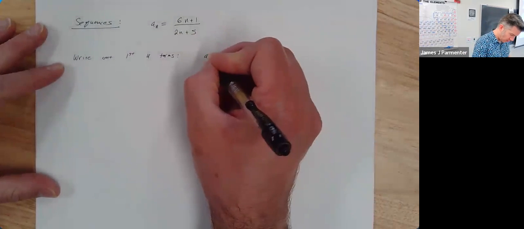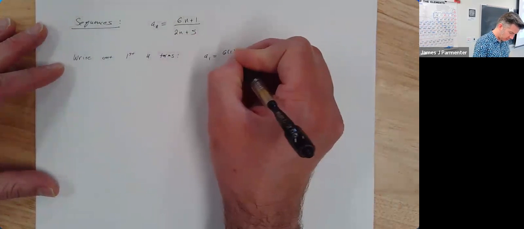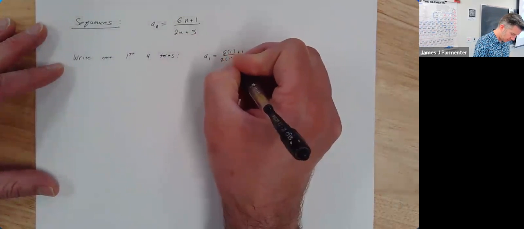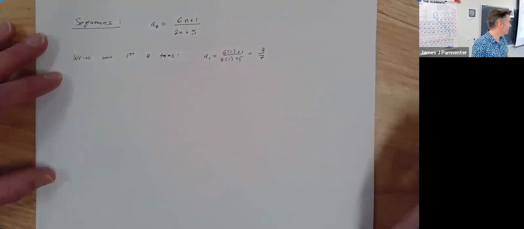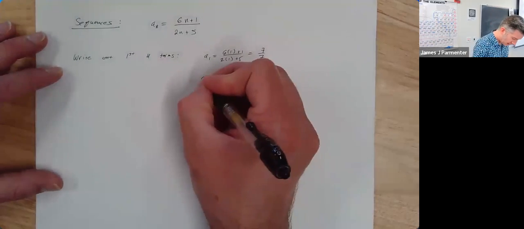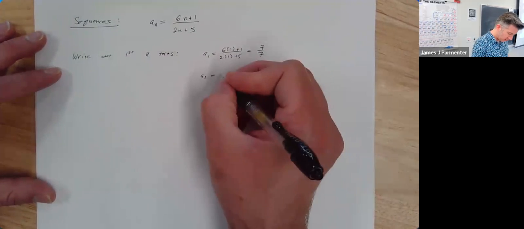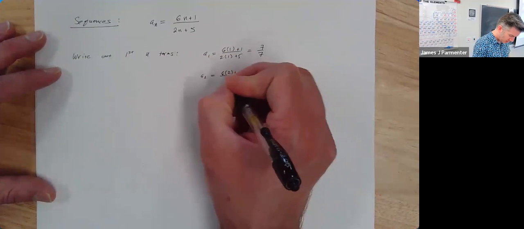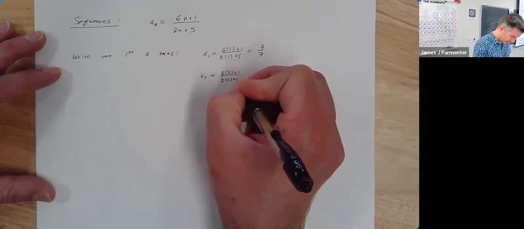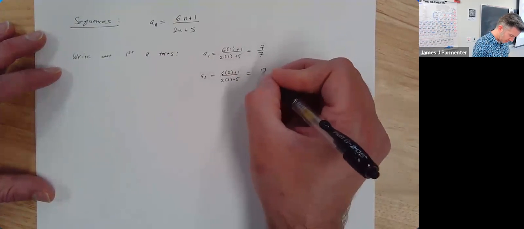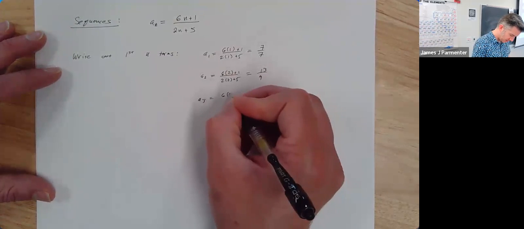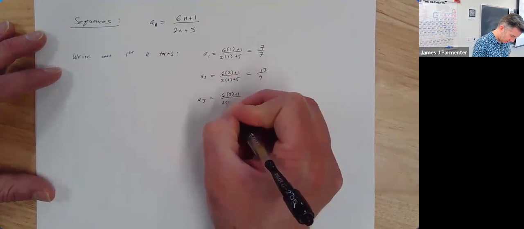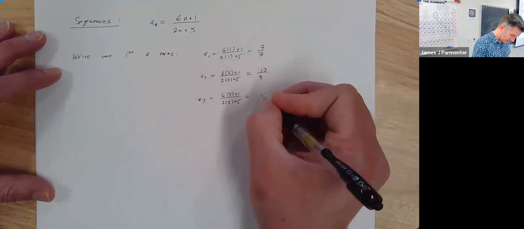So a sub 1 would be 6 times 1 plus 1 over 2 times 1 plus 5, which is 7 over 7. I don't really want to simplify it. A2 would be 6 times 2 plus 1 over 2 times 2 plus 5, which is 13 over 9.